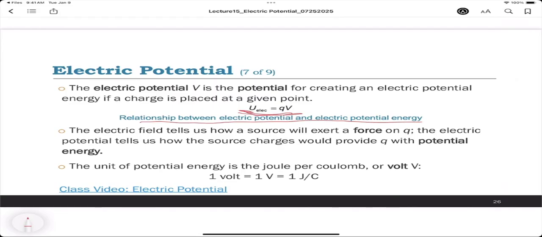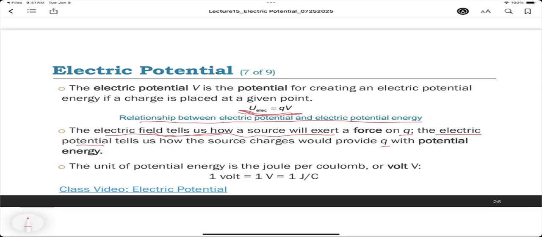The electric field tells us how a source will exert a force on q. This is what we talked about in the last class. The electrical potential tells us how the source charges will provide q with potential energy.